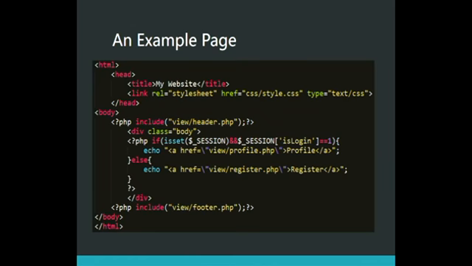I'm going to echo, print this a tag, which is a link to my profile page. If it's not the case, the user is not logged in, I'm going to print this button instead. It's a link to my register page. That's a pretty reasonable and common thing to do, right? If the user isn't logged in, you display a register button. If the user is already logged in, you show a profile page.